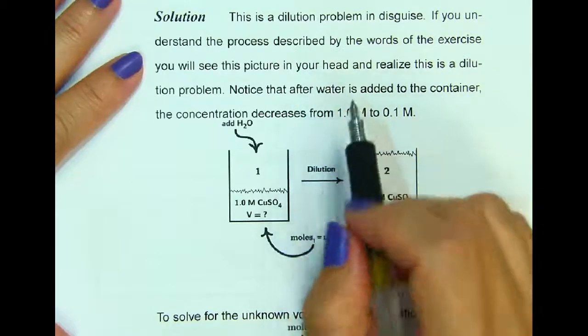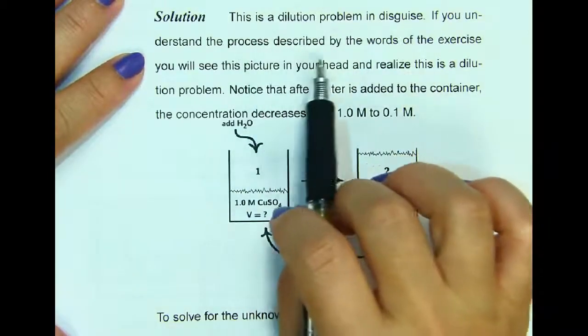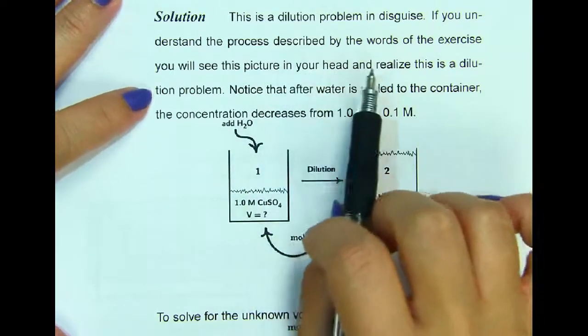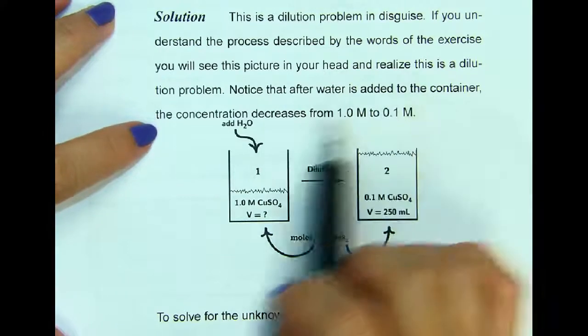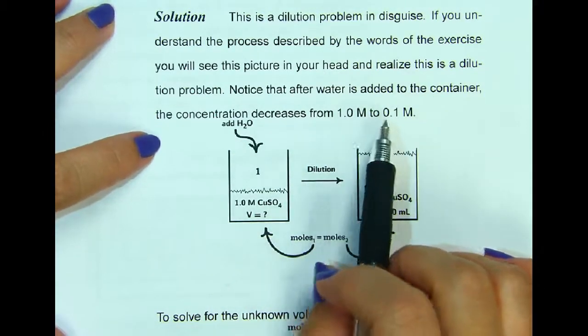So this is the explanation for this problem. This is a dilution problem in disguise. If you understand the process described by the words of the exercise, you will see this picture in your head and realize this is a dilution problem. Notice that after water is added to the container, the concentration decreases from 1 molar to 0.1 molar.